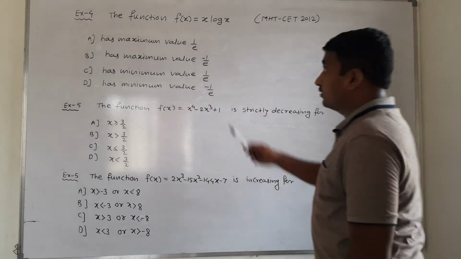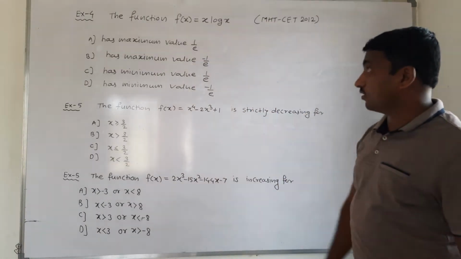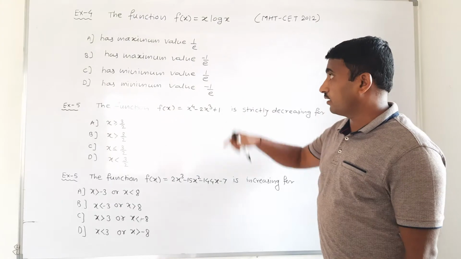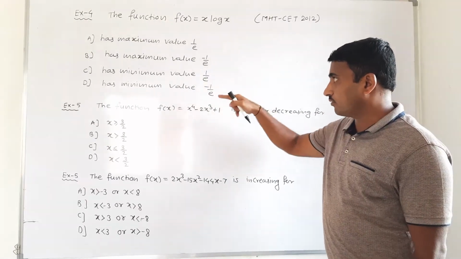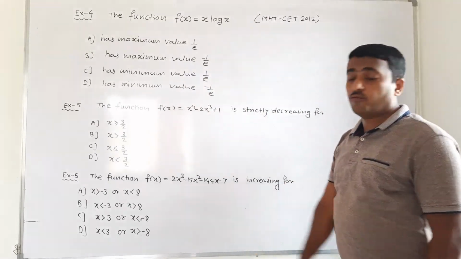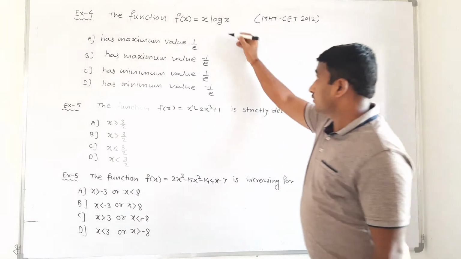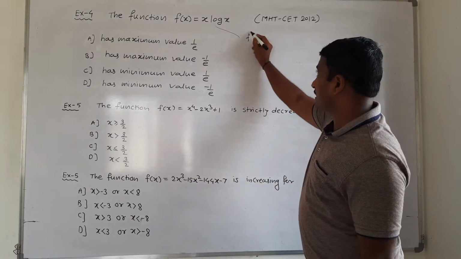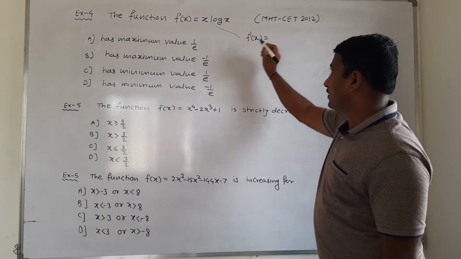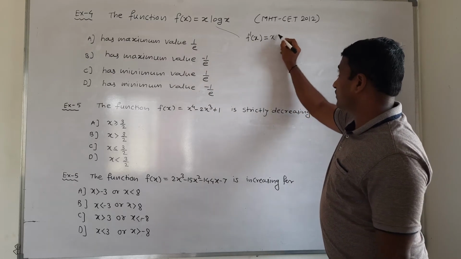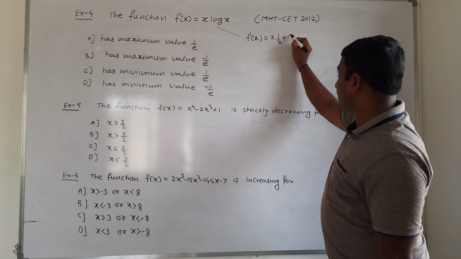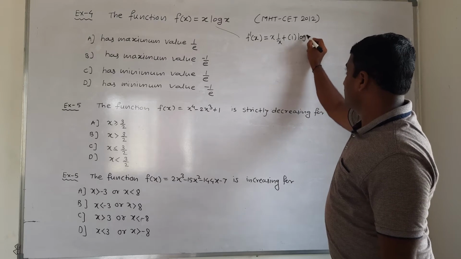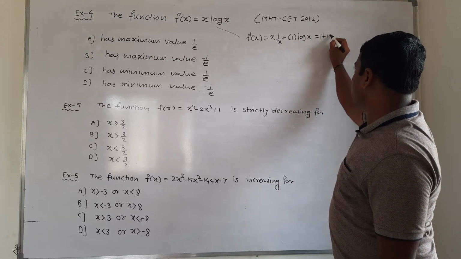Next example, the function f of x equal to x log x has maximum value 1 by e, maximum value minus 1 by e, minimum value 1 by e, or minimum value minus 1 by e. First we find its derivative for extreme values. F dash x equal to x times 1 by x plus 1 times log x, that is 1 plus log x.